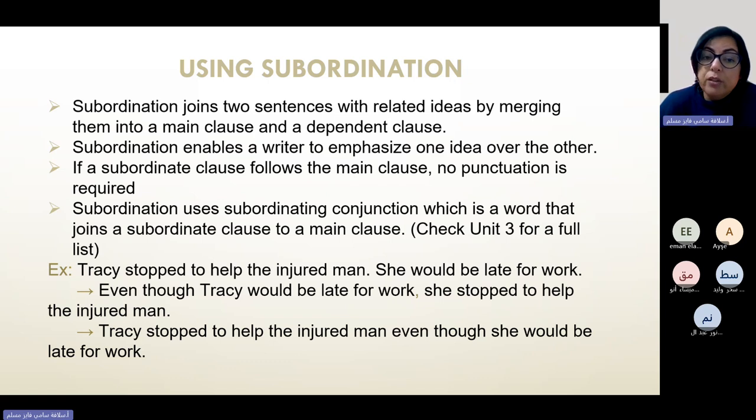Subordination enables a writer to emphasize one idea over the other. If a subordinate clause follows the main clause, no punctuation is required. If the dependent clause comes after the main clause, there's no need for a comma, but if the dependent clause comes first, we must put a comma. Also check Unit 3 for a full list of the subordinating conjunctions. We already talked about them in Unit 3.